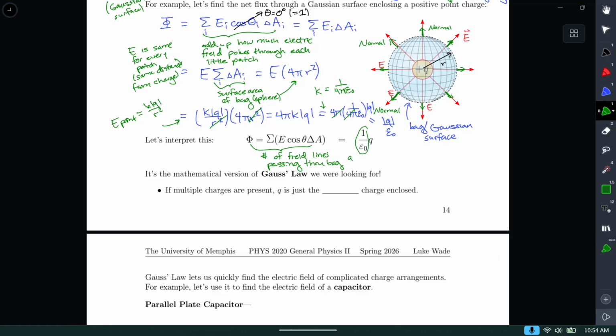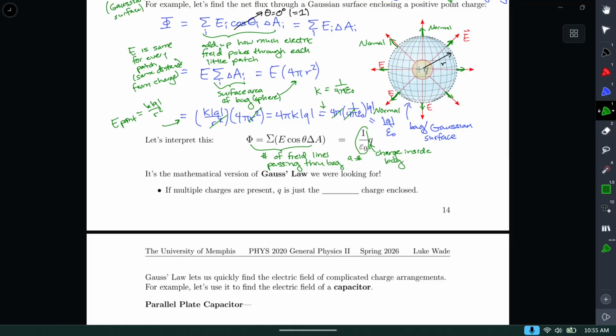So this is just a number. It's some value you can calculate. And then this is the charge inside the bag. I took out the absolute value because if we had a negative charge inside the bag, the flux, the number of field lines, should be negative because all of them will poke in. So this is a more general purpose way of writing it.